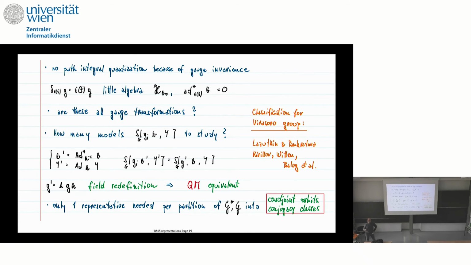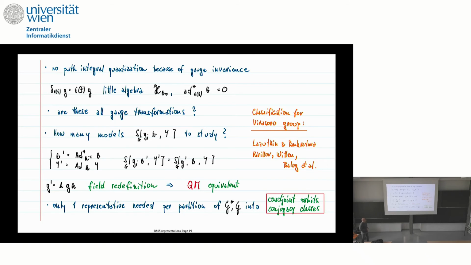Do you have to study this model separately or not? Or suppose you change this Y by an adjoint representation. Is this a model that has different features, or is it enough to choose one model for each B which belongs to a coadjoint orbit and each Y which is related to that by the adjoint representation?